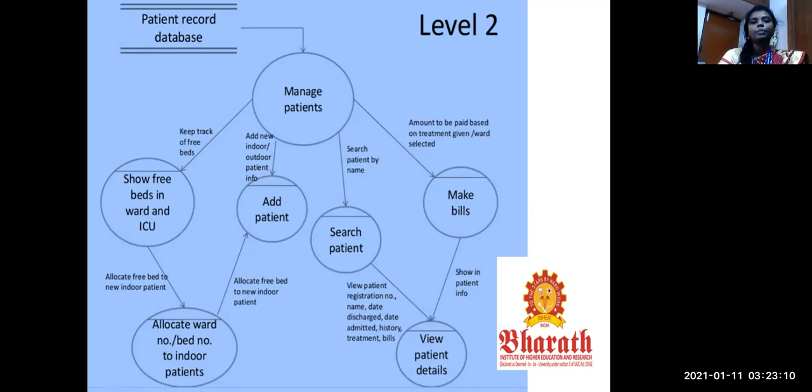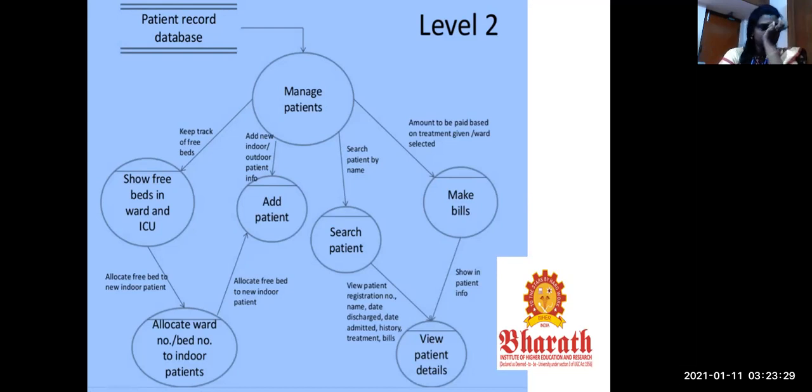So it starts from the main manage patients, and first they'll look for the free beds, and they'll add the patient information. And if it is an inpatient, they'll search for the details. Whatever kind of details it may be, everything has to be updated in the database, right?